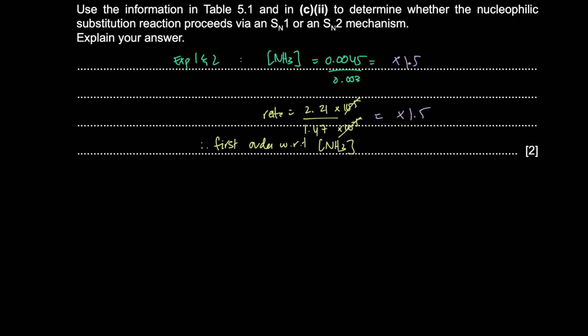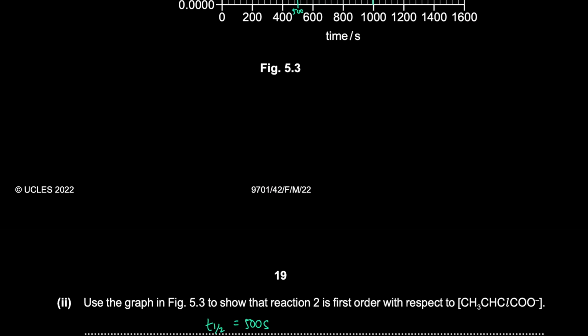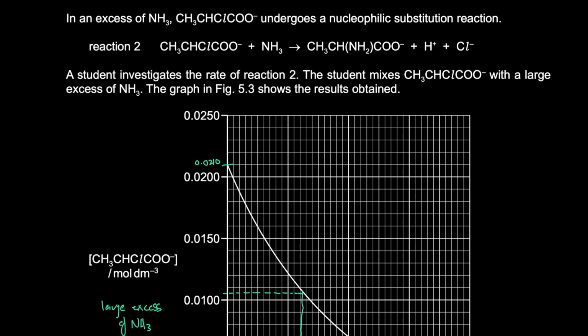Use this information in table 5.1 and in C part 2 to determine whether the nucleophilic substitution proceeds via an SN1 or an SN2 mechanism. Explain your answer. So the rate of the reaction depends on both. It depends on the NH3 concentration as well as this concentration.